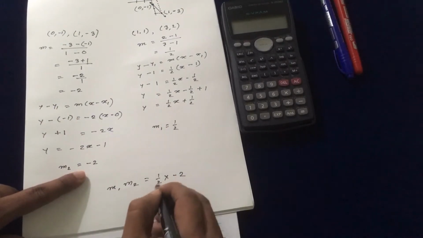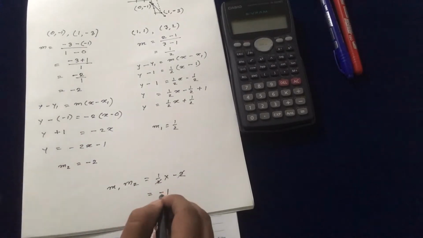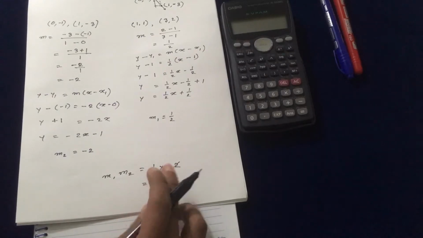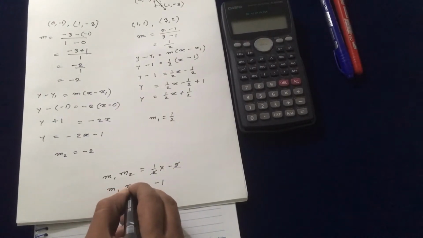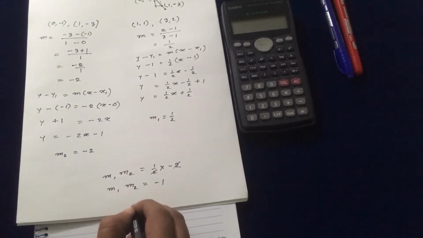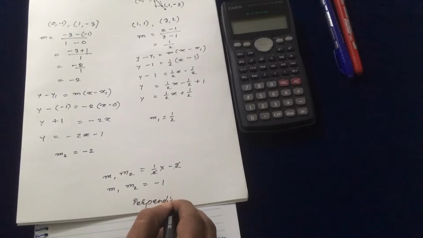So 2 and 2 cancel out, answer is minus 1, because one is denominator, one is numerator. And you know, if m1 into m2 equals minus 1, then they are perpendicular to each other.